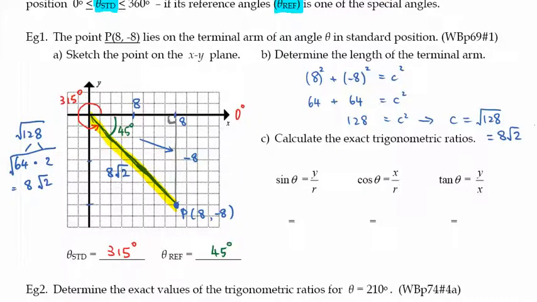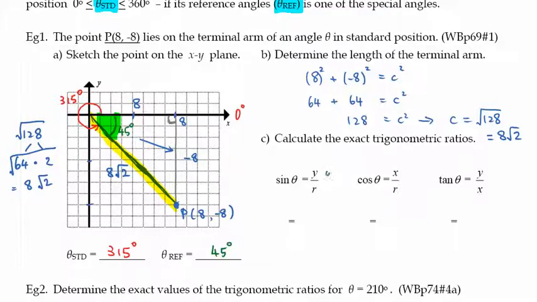And using the length of this terminal arm, or the hypotenuse, I can now calculate the sine theta in this quadrant. Here is your sine theta using this reference angle.